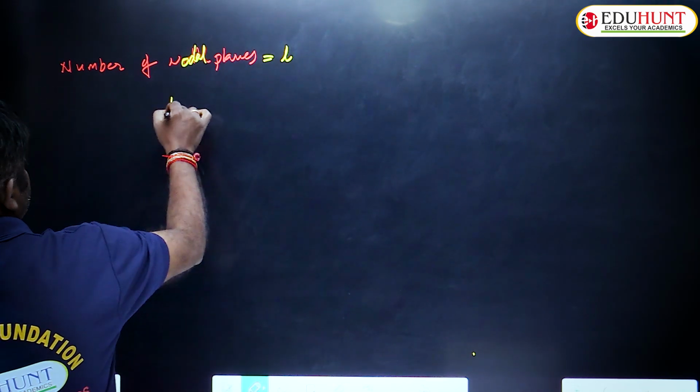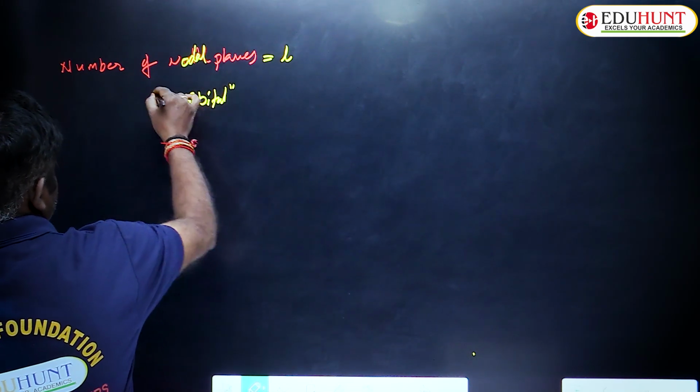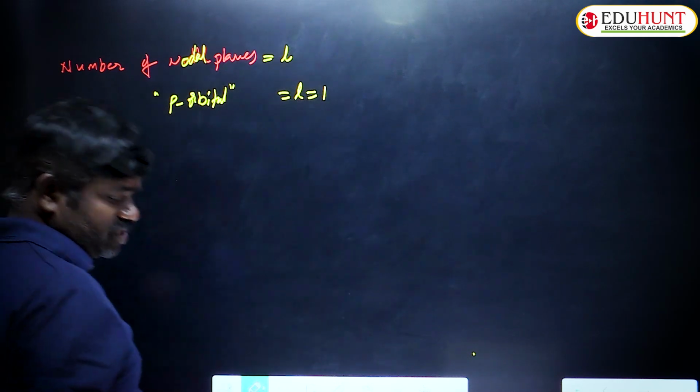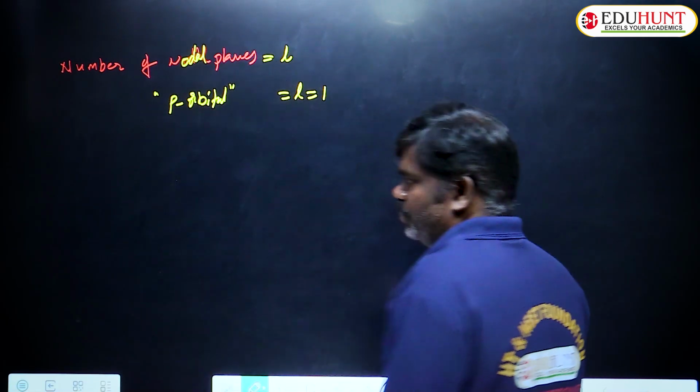For a p orbital, how many nodal planes are present? For a p orbital, the l value is 1, so one nodal plane is present. What is a nodal plane?